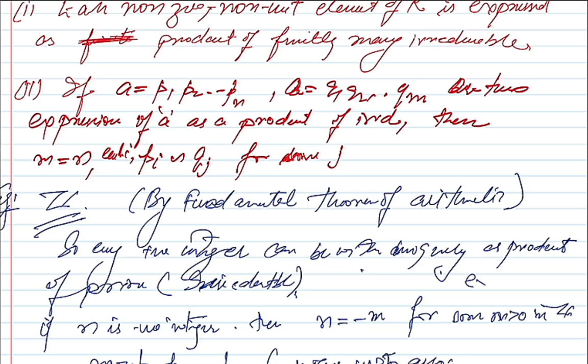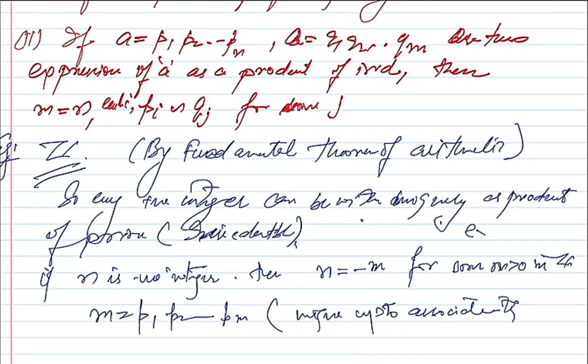Now n is minus p1 p2 ... pm. Now minus p1, these are also irreducibles.